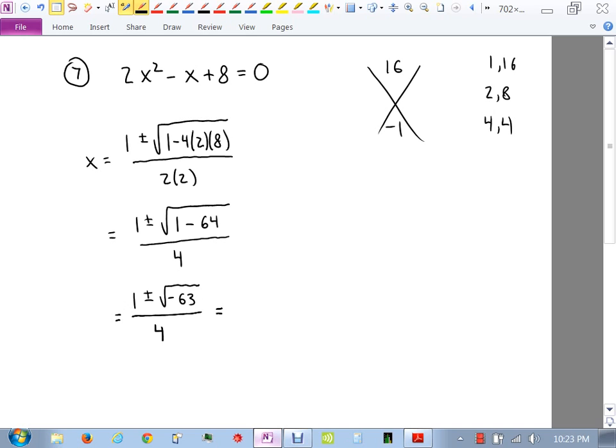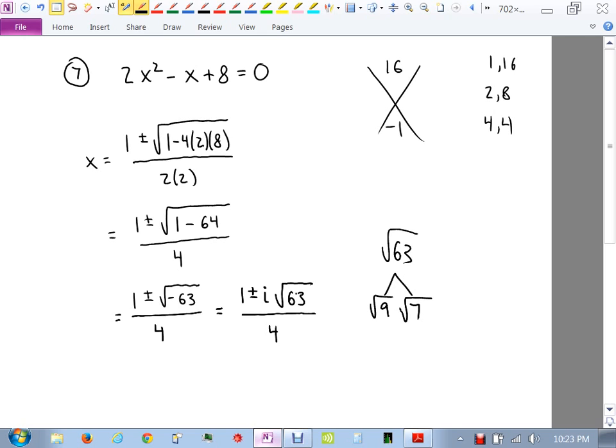And because I have a negative underneath the square root, I can take the negative out, but I have to put an i out in front. So 1 plus or minus i root 63 all over 4. But 63 can be broken down to be 9 times 7. So square root of 63 is square root of 9 times square root of 7. Square root of 9 is 3.